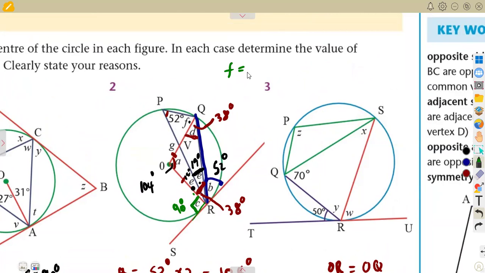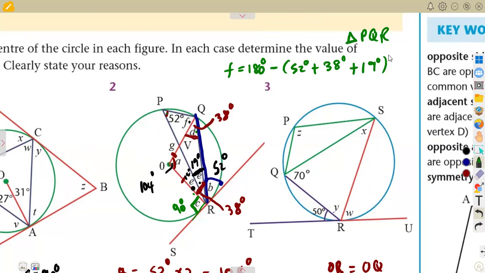How are we going to find angle F using the angles in a triangle concept? So angle F is going to be 180 degrees minus the angles in a triangle. There is P, which is 52 degrees, plus there is D also inside of the triangle. Using triangle PQR, there is 52, there is 38. There's also E inside of this triangle, which is 19 degrees.